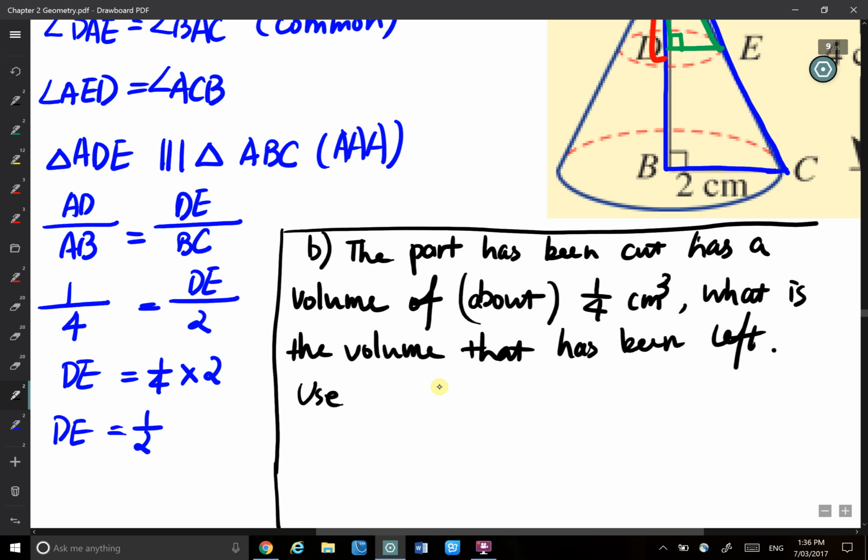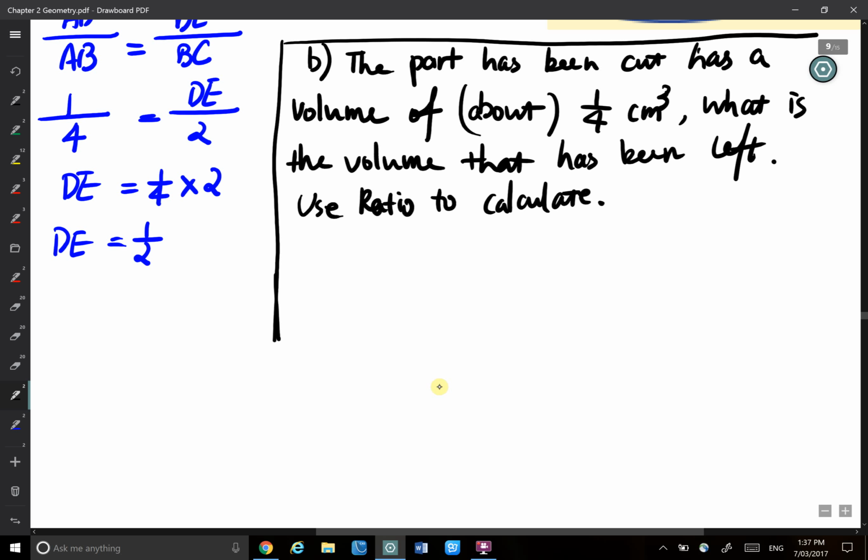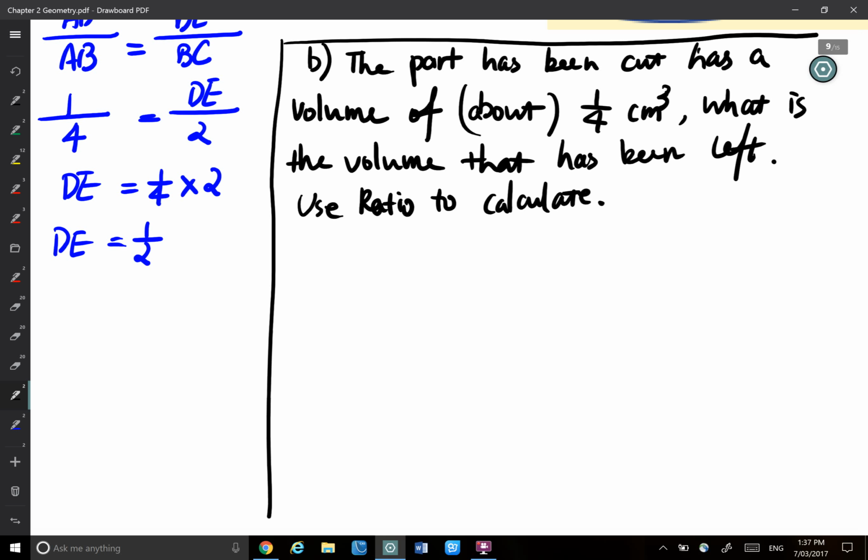Okay, use ratio to calculate. We have talked about that last week. So the small part that has been cut is a quarter.